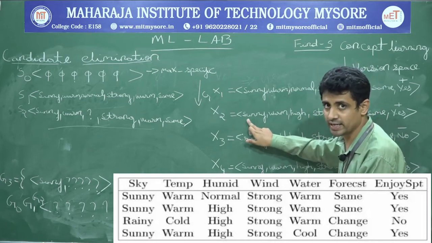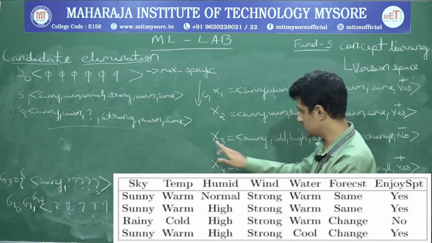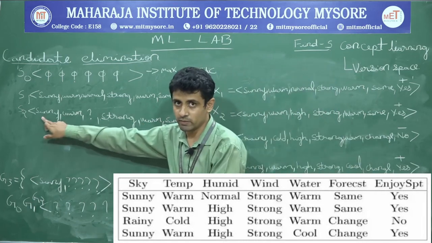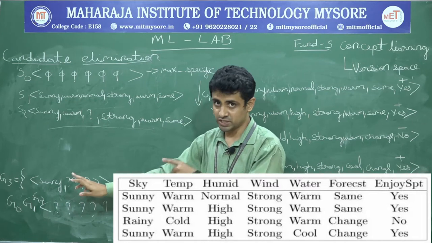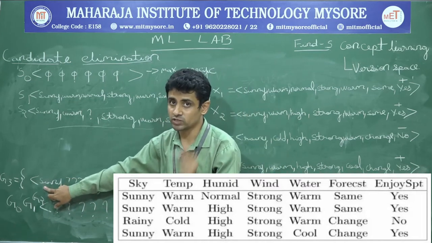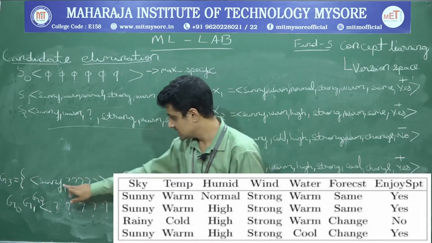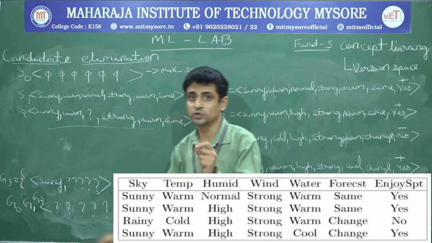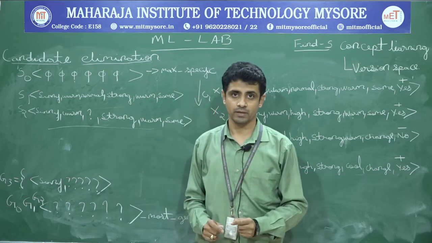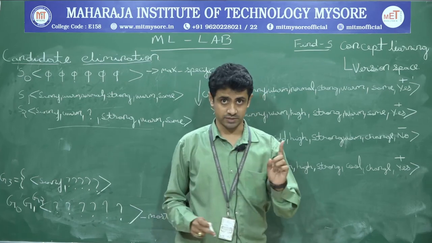So what is the opposite of rainy? In your current specific hypothesis, it is sunny. Always when you have a general classification, never have rainy as the attribute for the first one. So in this case, I need to specify sunny compulsorily. The rest can have anything, but for the first one, it should be sunny only. This is step number 1 with respect to the first instance.